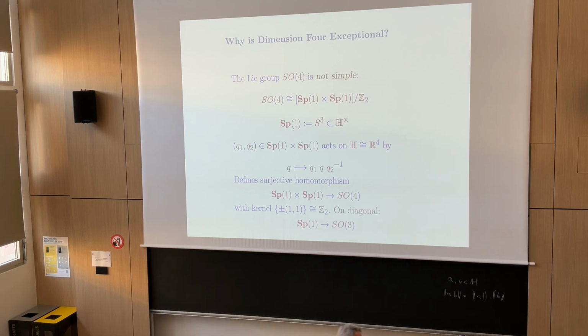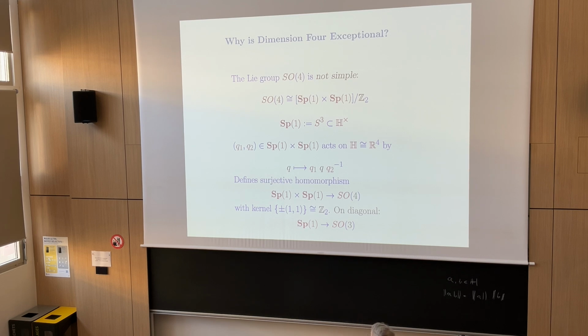By the way, a nice thing happens if you restrict this to the diagonal. If you take Q1 and Q2 to be equal, then this action is conjugation by Q1. Conjugation by Q1 fixes the identity element in the quaternions, but since these are orthogonal transformations, it has to act on the orthogonal complement, the imaginary quaternions, which is a copy of R3.